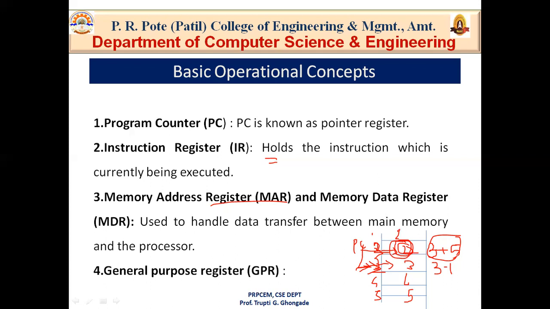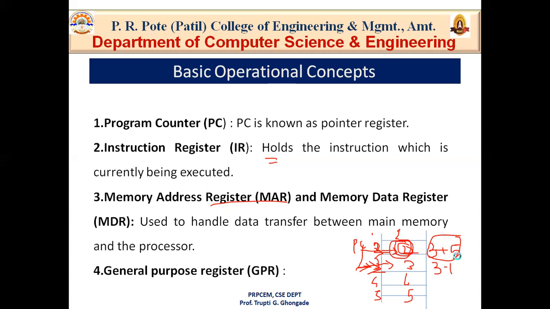So this 8 is stored in a general purpose register, that is a buffer register, also called temporary data storage. The access time of these registers is very small, so they are used to store frequently used data. We can access data from a GPR very fast. So these are the general purpose registers and special purpose registers.